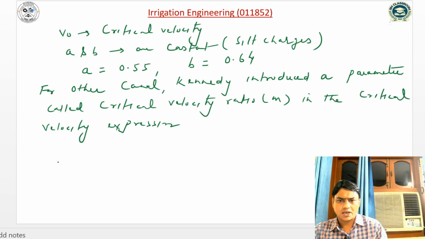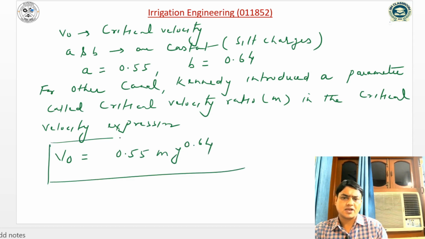So for other canals, critical velocity V naught is equal to 0.55 m y to the power 0.64. So this is the expression for the other canal system.